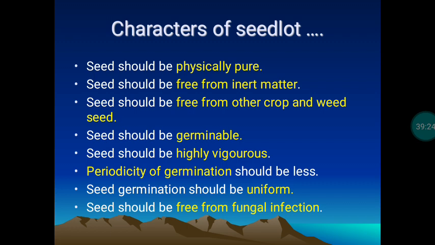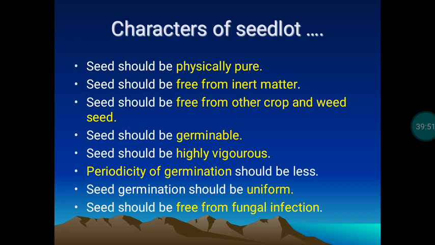Above all, seed should be free from pest and disease attack, particularly fungi, viruses and bacteria. Here the virus is able to survive because seed is a living entity. Virus is an obligate pathogen. If it is a grain, there is a question of the virus's survival, whereas in a seed, if any seed-borne viruses are there, they will definitely survive, because the seed is a living entity.